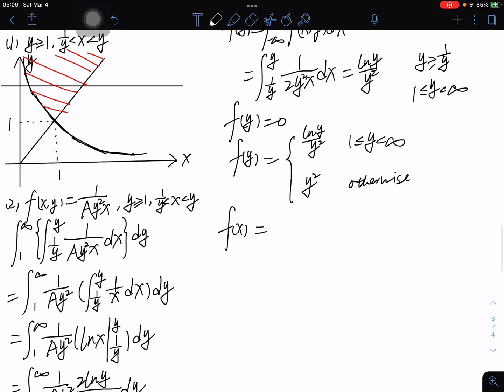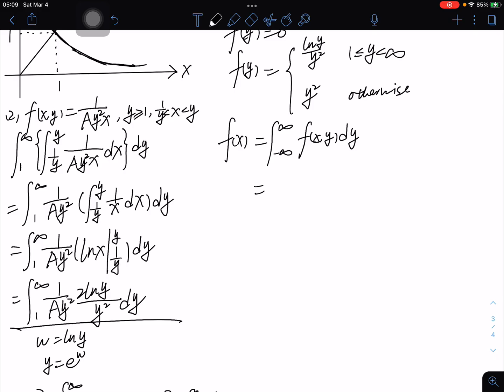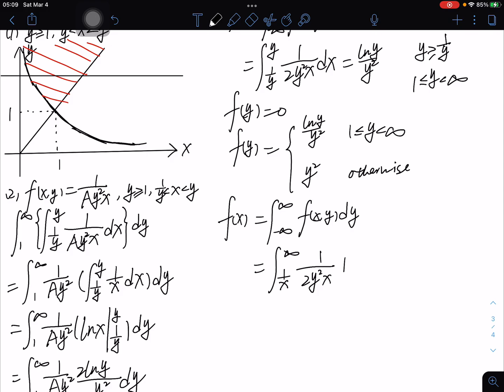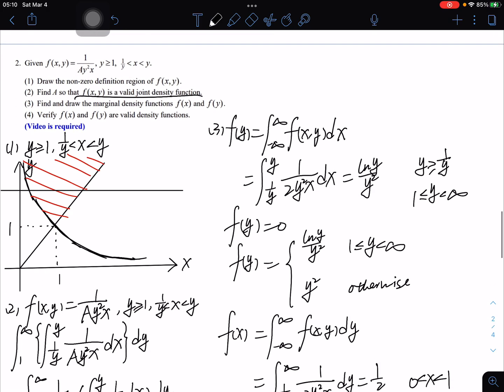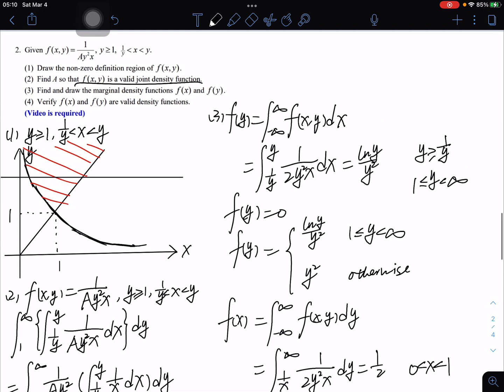f_X equals the integral of f(x,y) dy. It is equal to the integral from x to infinity of 2 y squared dx, dy, which equals the integral from 1 to infinity. This way x needs to be from 0 to 1, because we are in different ranges of x, where y is larger than x.